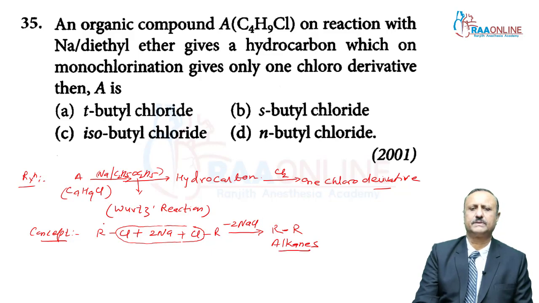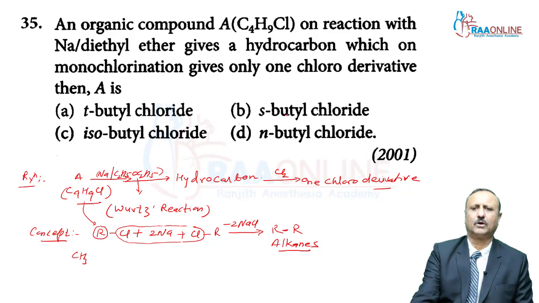So my dear students, when you prepare these alkanes, meaning a hydrocarbon, from C4H9Cl, the alkyl radical is C4H9.